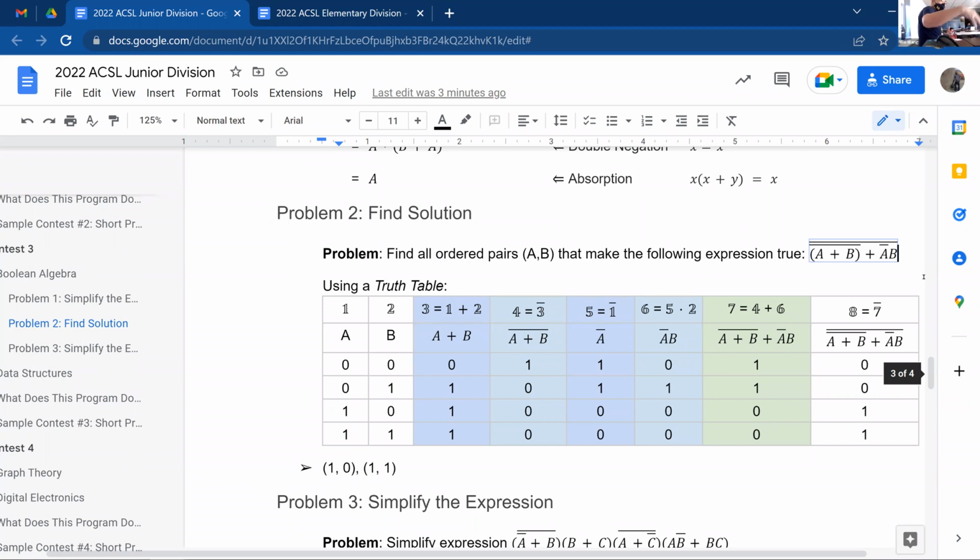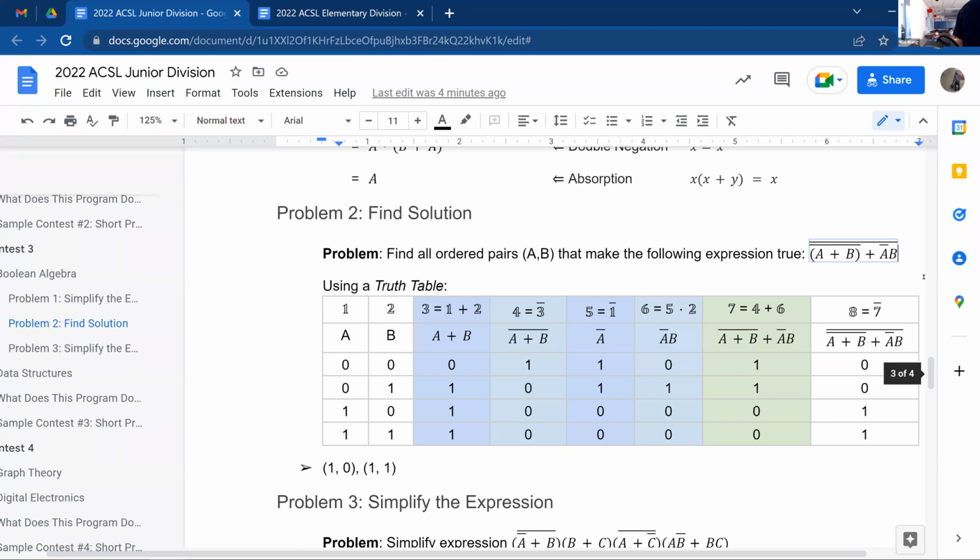So what makes this true would be these two pairs, right? 1, 0 and 1, 1. Either they're 1, 0 or they're 1, 1. This expression would be true. And if you follow the steps of the previous problem that we solved, this whole expression can also be simplified to just A. What that means is that if you look at these two pairs, B doesn't matter to the result, right?